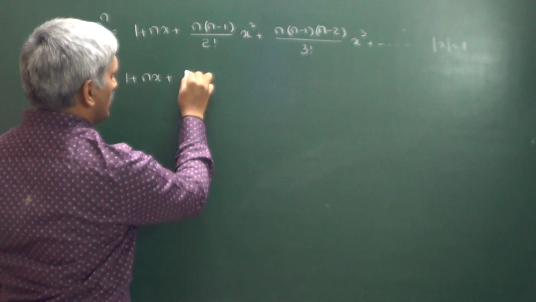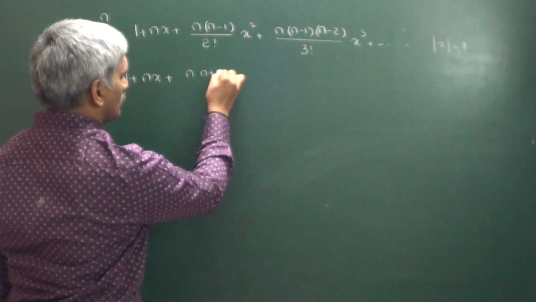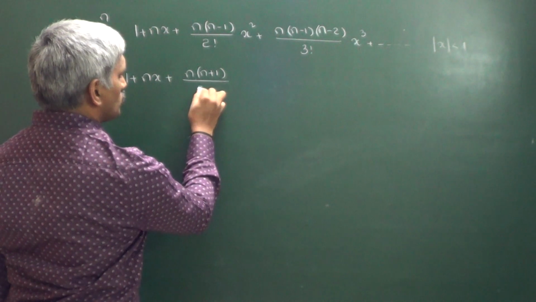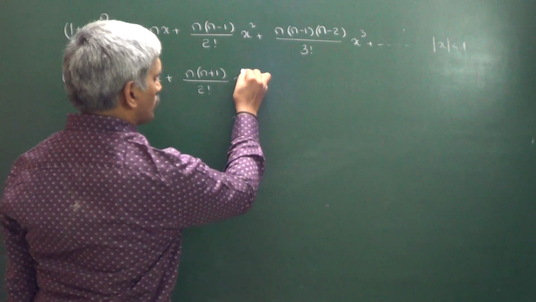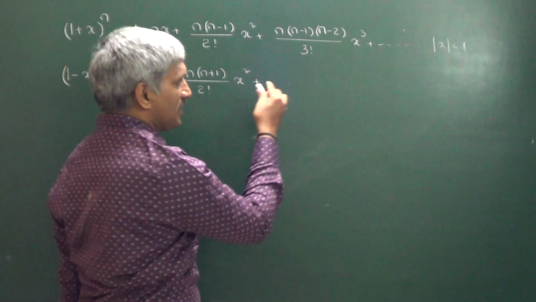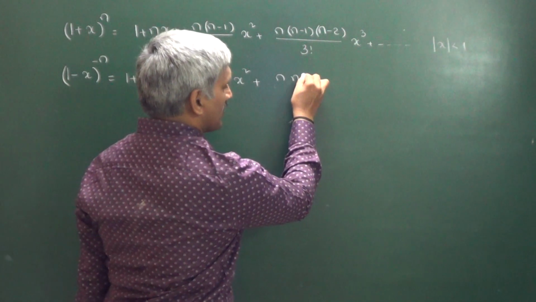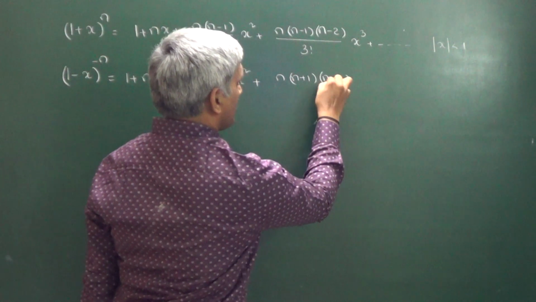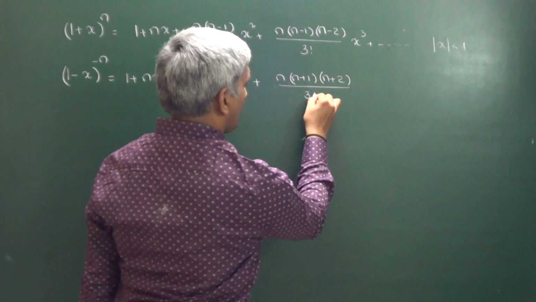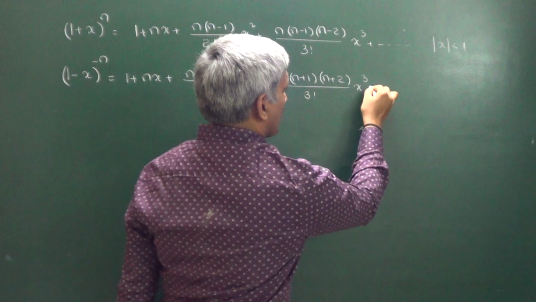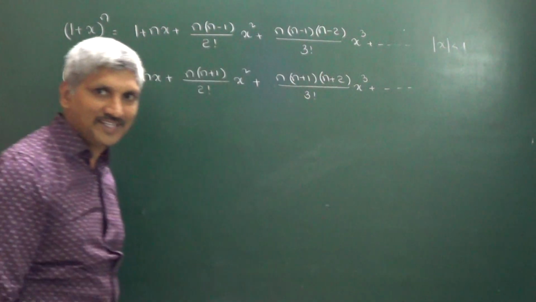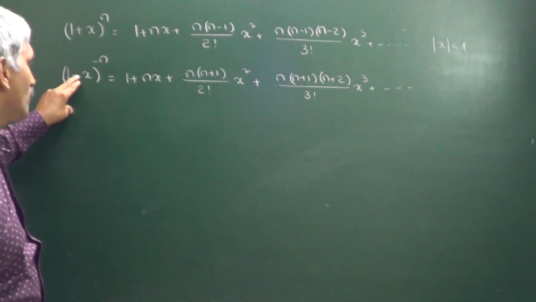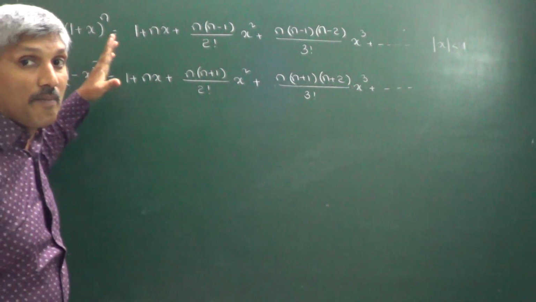Then we get n(n+1)/2! x², then n(n+1)(n+2)/3! x³ plus and so on. So that is the expansion of (1 - x)^(-n).